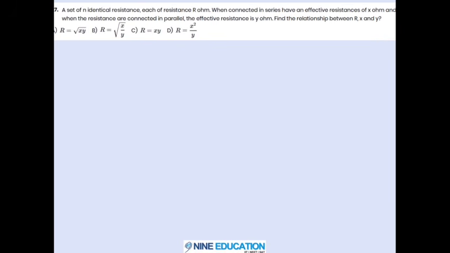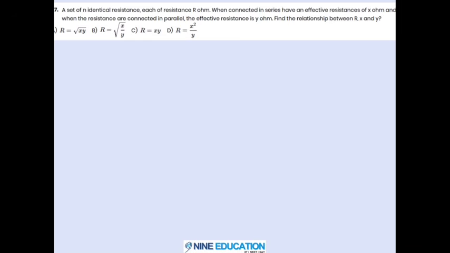Proceeding to the next question. Look at this question. A set of n identical resistances, each of resistance R ohm, when connected in series have effective resistance X. And when the resistances are connected in parallel, the effective resistance is Y. The relationship between R, X and Y. This is a simple question.